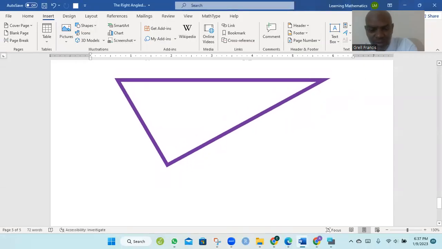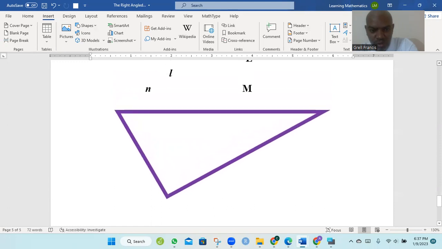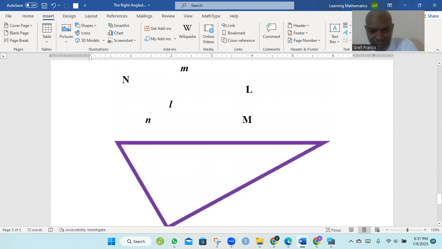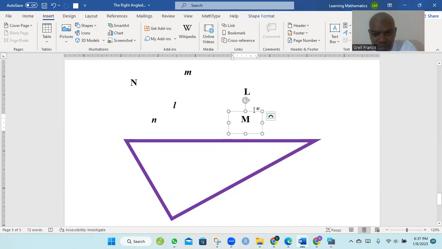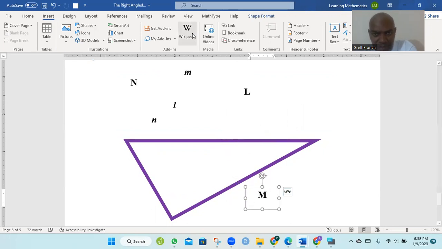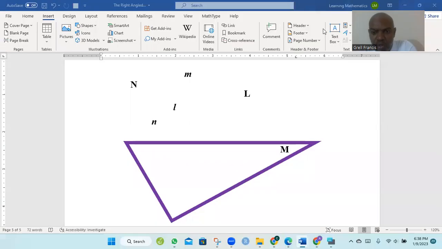So as an exercise to label this triangle, we're going to use the letters L, M, N. I'm going to take capital M. Give me an angle anywhere you would like me to put capital M. So we have chosen to put capital M in this top right corner.